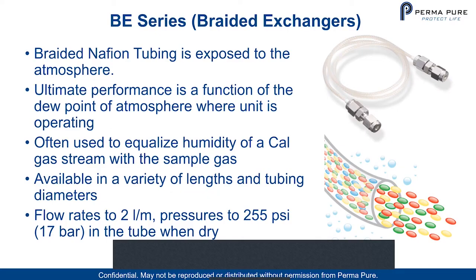So we developed a method at Perma Pure using a weaved polypropylene braiding. We weave the braiding along the entire length of the tube. That braiding gives us some mechanical strength. It also allows us to distribute the forces when we are coiling the tube so it doesn't kink. And I guess the most important thing about the braiding is it allows us to connectorize the material.